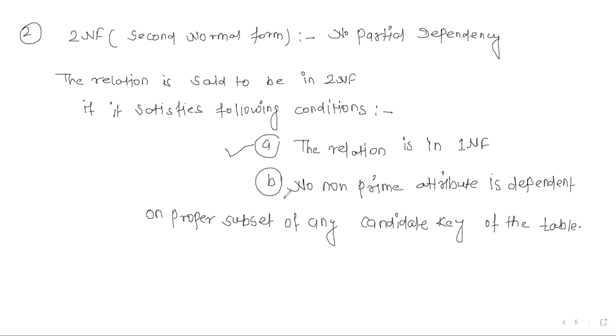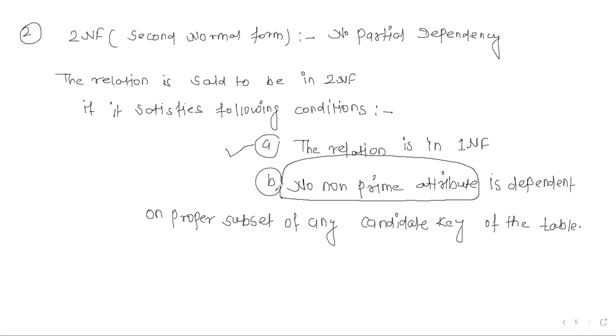Now one new terminology is introduced here: no non-prime attribute. So first of all, you should be able to know what is prime attribute and what is non-prime attribute. No non-prime attribute should be derived from a proper subset of any candidate key of the table.